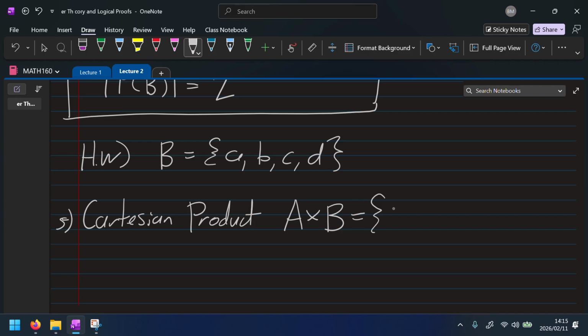So it's the set of all the coordinates (a, b) such that the first element, little a, comes from the first set A, and the second element in that pair comes from the second set. First with the first, second with the second.